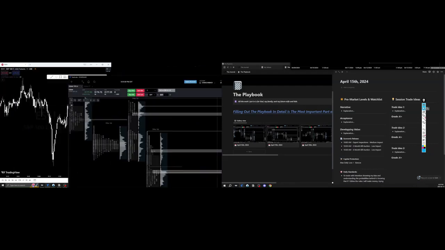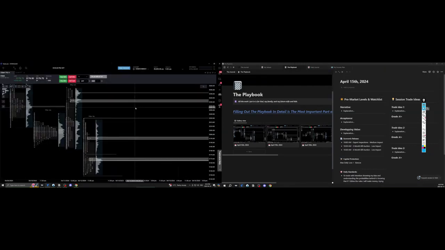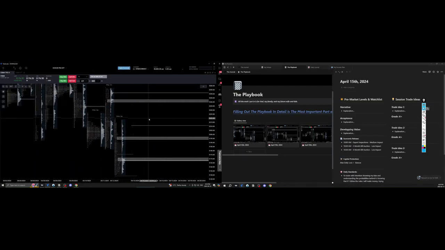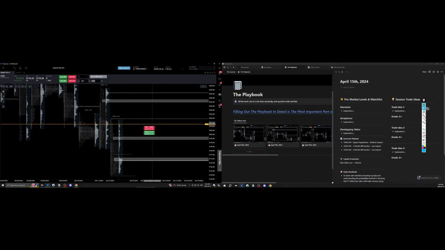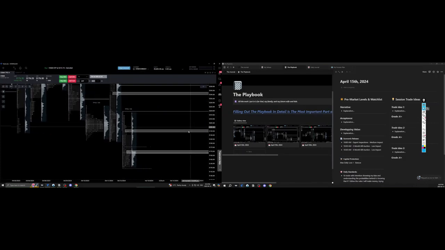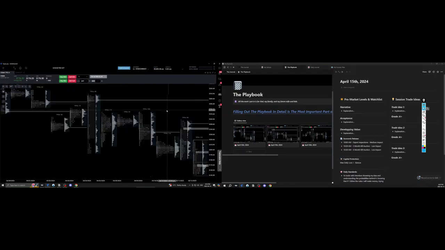Yeah, I'm gonna transfer these over to my TradingView chart. Actually, sorry, I'm gonna take a screenshot of this. Really? Why is Tradeawait tweaking out now?